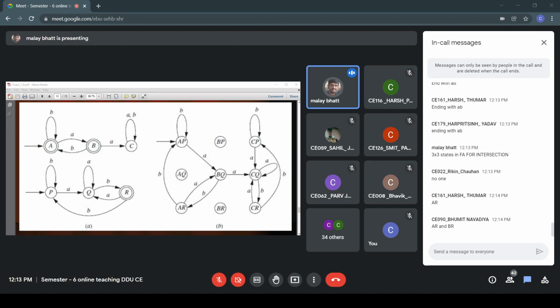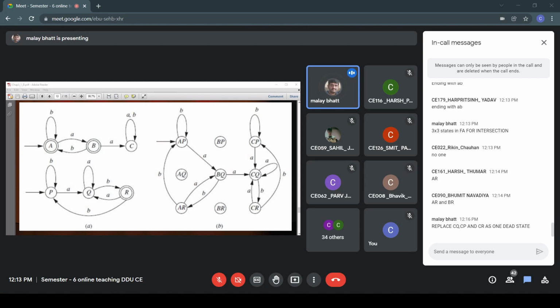And with CP, CQ and CR, once you enter those states, you will remain in them. So we can replace CP, CQ and CR with one dead state, because once you reach CQ, you can go to CP or CR, but you cannot return.